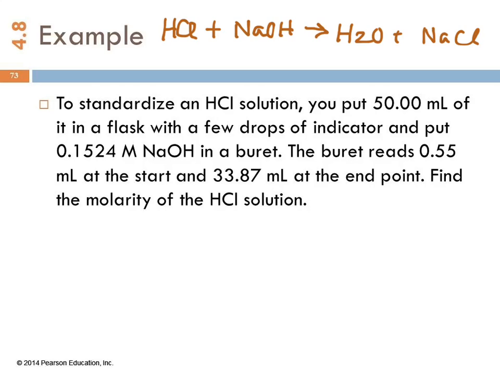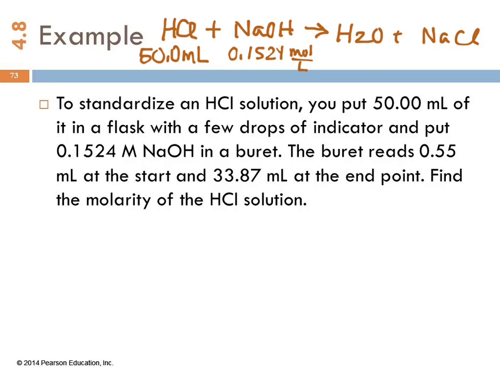We've got 50 milliliters of HCl, and we've got 0.1524 moles per liter of the sodium hydroxide. Do we know the volume of sodium hydroxide that was added?